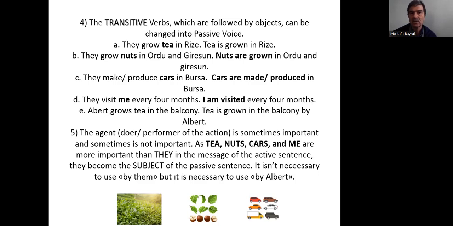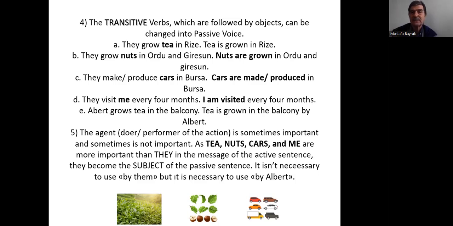B, they grow nuts in Ordu and Giresun. So nuts are grown in Ordu and Giresun in the Black Sea region of Turkey. C, they make or they produce cars in Bursa. But in passive voice, cars are made or cars are produced in Bursa.